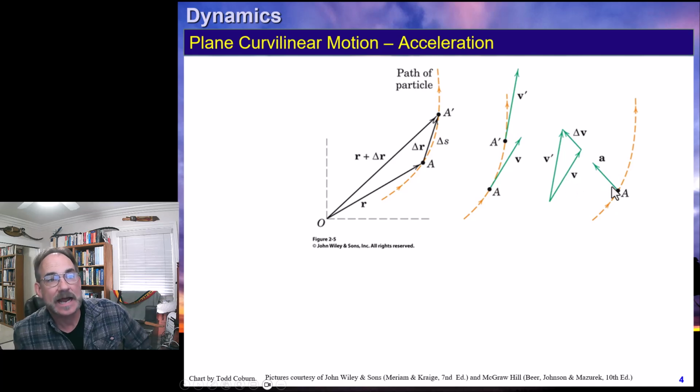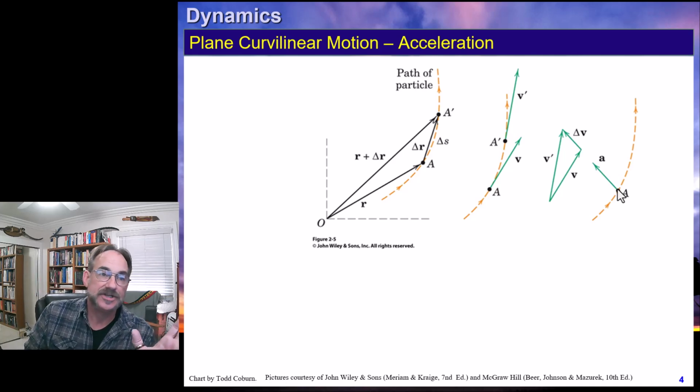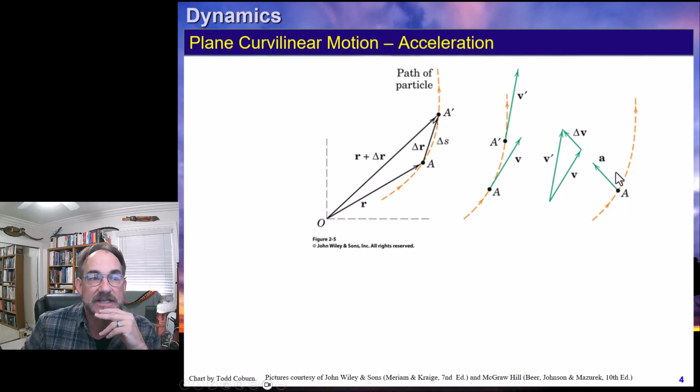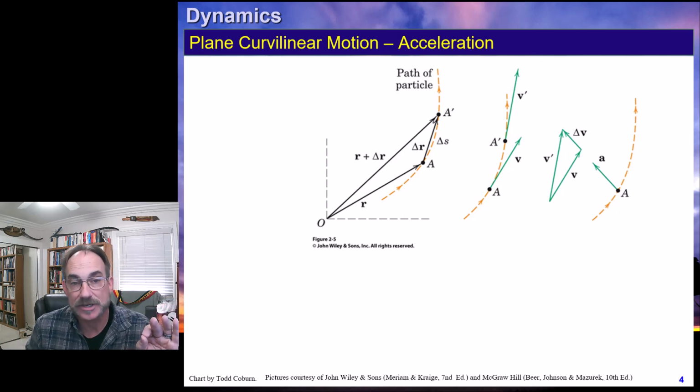All right. Now the acceleration is going to be in that direction of change of velocity, because the change in velocity over time, remember, that's acceleration. So our acceleration is going to be in the same direction as that change in velocity vector, while the instantaneous velocity is always going to be tangent to the path at a particular point. So both velocities were tangent to the path at the points they were measured.